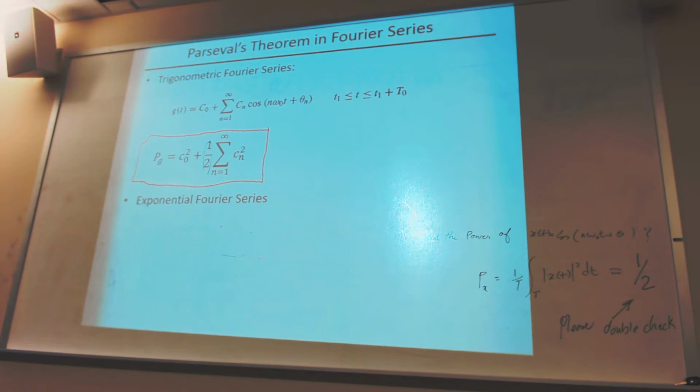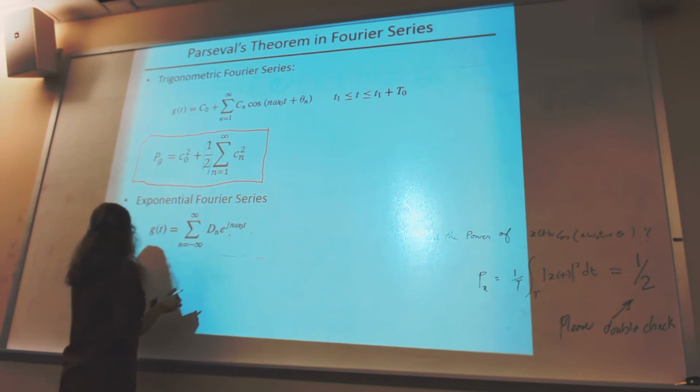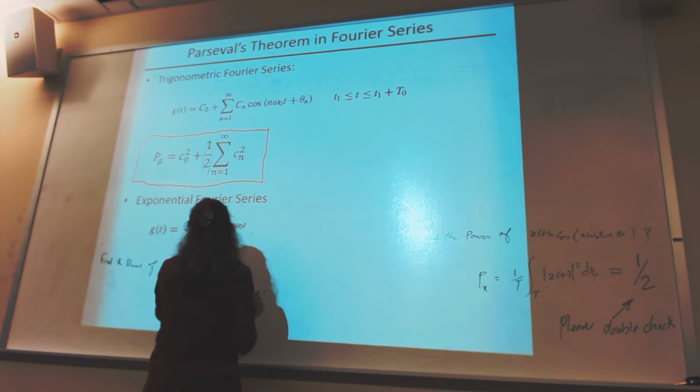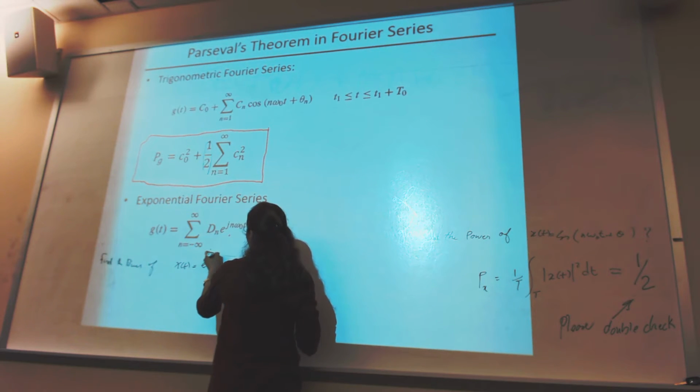And for the exponential Fourier series, we have to find the power of this. So let's do this together, the power of the exponential term. Find the power of, let's say, x of t equal to e to the j n omega t.